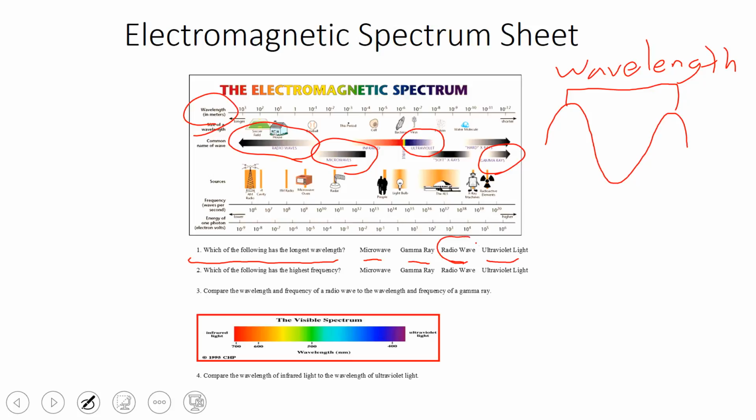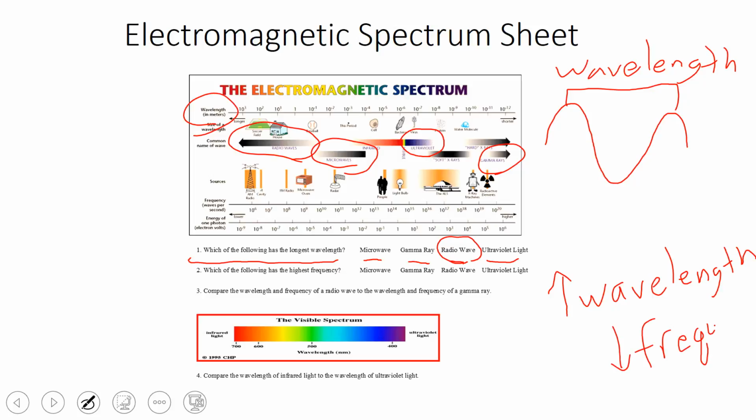So radio waves have the longest wavelength. And again, we're not going to talk about frequency a great deal until lesson 14, but frequency and wavelength are inversely related, which means if wavelength goes up, frequency goes down.